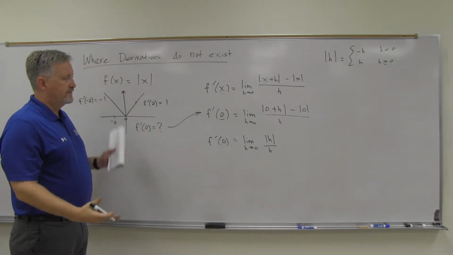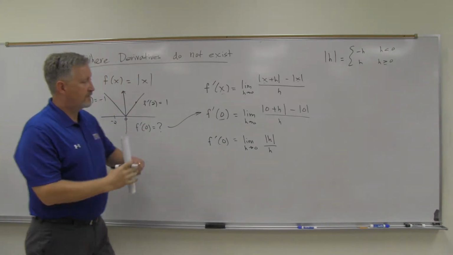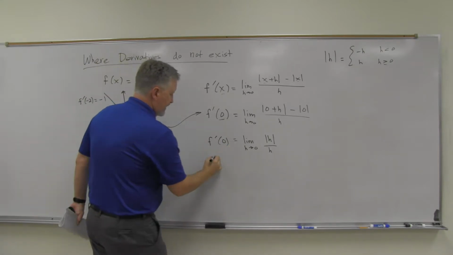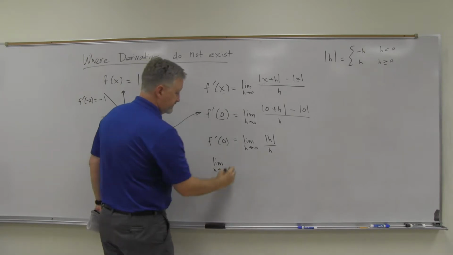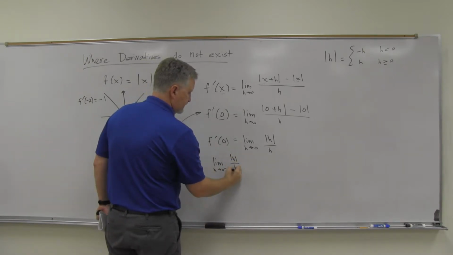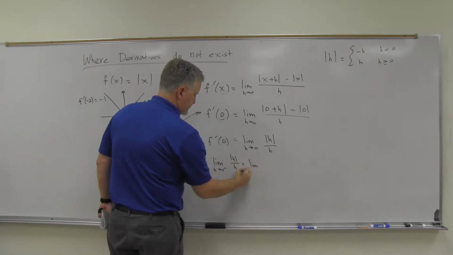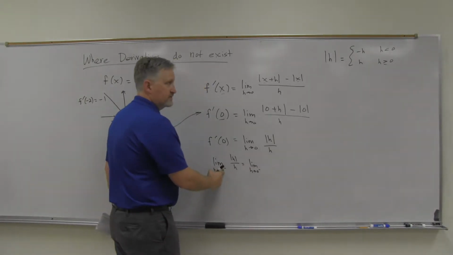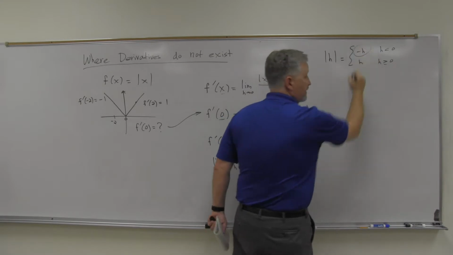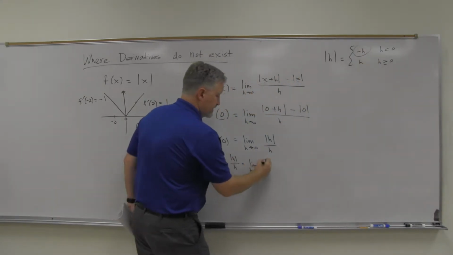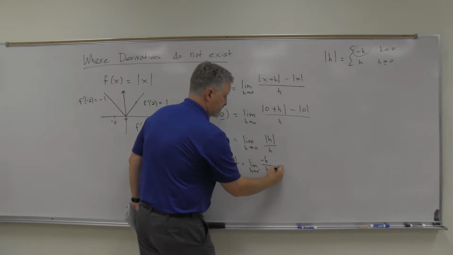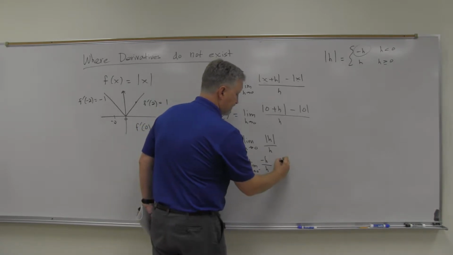So here's what we've got. I look at the limit as h approaches 0 from the left of this thing. Well, if h approaches 0 from the left, the less than side of 0, I'm dealing with negative h, aren't I? So the absolute value of h is negative h over h, which is negative 1, isn't it?